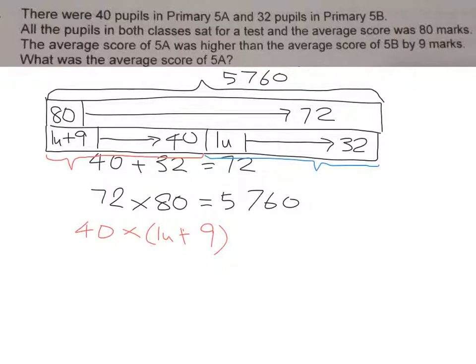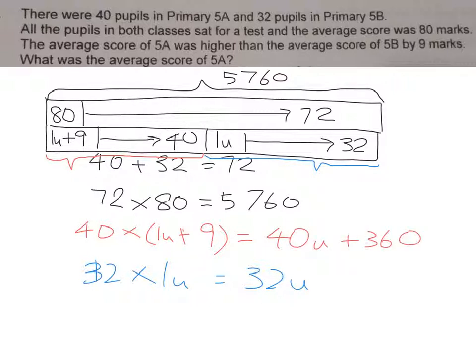That would be 32 times 1 unit, so this would be 32 units total marks. This one would be 40 units plus 360 marks. That's the total for 5A and 5B separately.